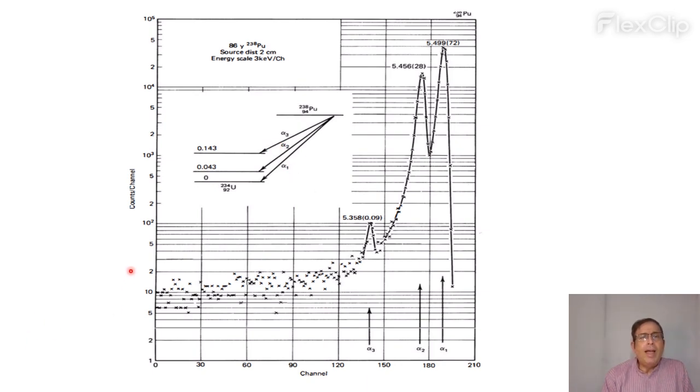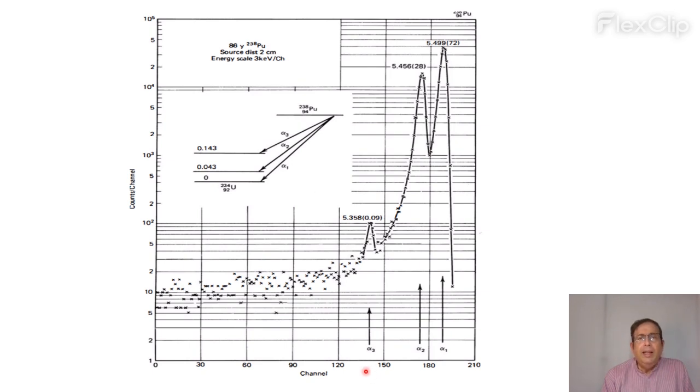So here in the y-axis you have the counts, that is the number of alpha particles coming for a given energy, and here you show the detector channels, that is the detector energy window in which the detector is actually detecting the incoming radiation.